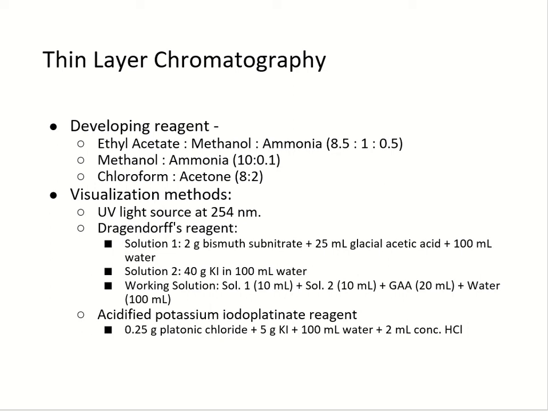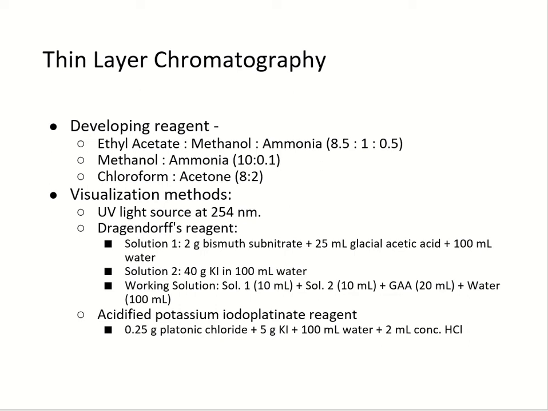Visualization methods are a UV light source or Dragendorff's reagent, which is prepared from two solutions. Solution 1 contains 2 gram bismuth subnitrate, 25 ml glacial acetic acid and 100 ml of water, whereas solution 2 contains 40 gram potassium iodide in 100 ml water.